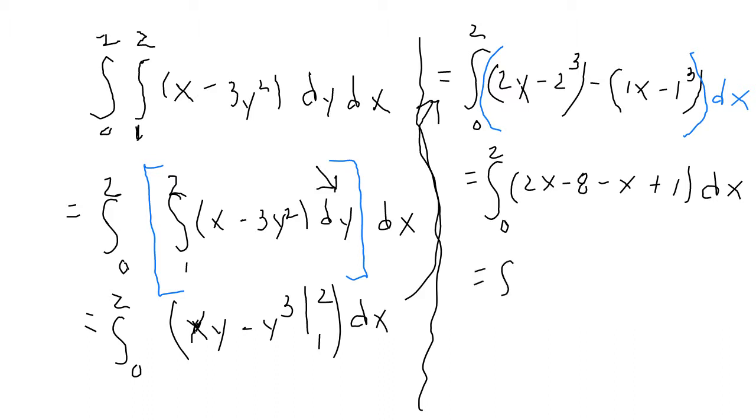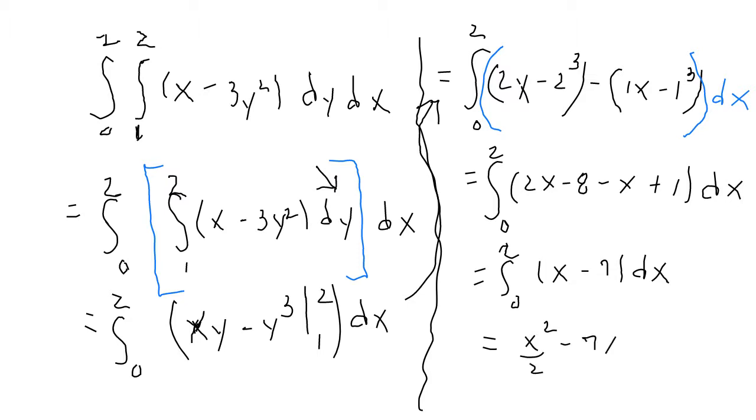And so I get the integral from 0 to 2 of x minus 7 dx. So in example 2 from the textbook, they didn't show all these little steps. But they're important. And on your next exam, I'm going to want to see steps because I need to see that you understand the concepts. So I'm going to want to see steps like this.